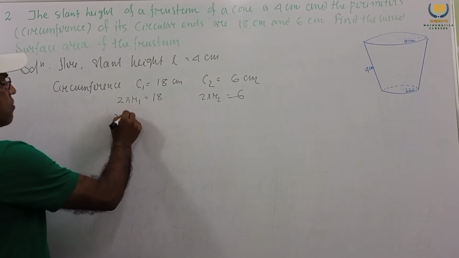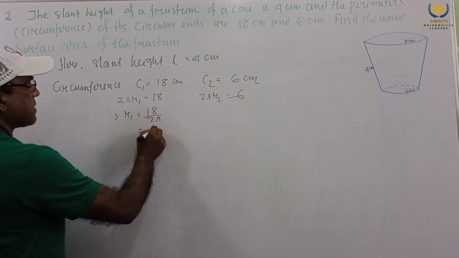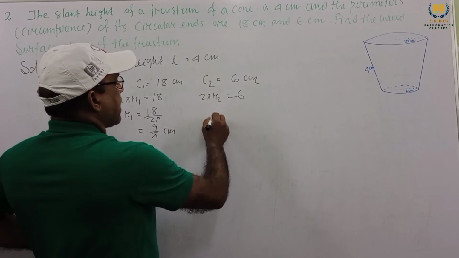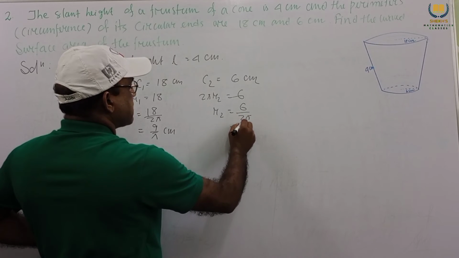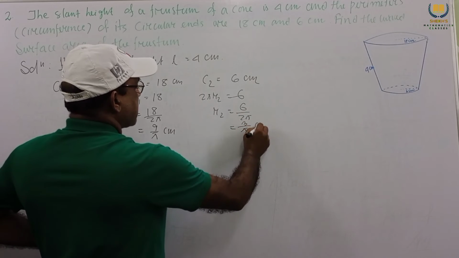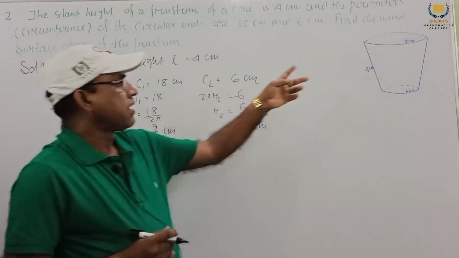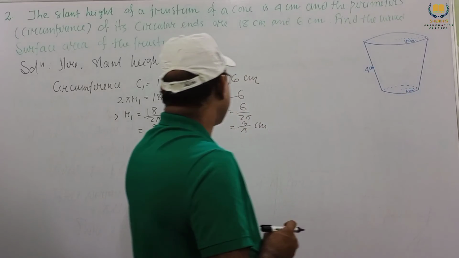So R1 equal to 18 by twice pi, this is 9 by pi centimeter, and R2 equal to 6 by twice pi, this is 3 by pi centimeter. We get the radius of this portion, and this is R2, these are the radius.